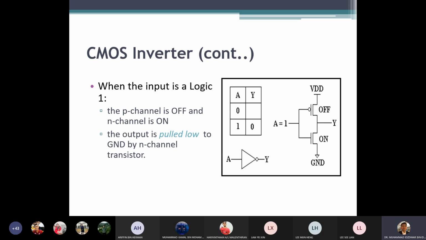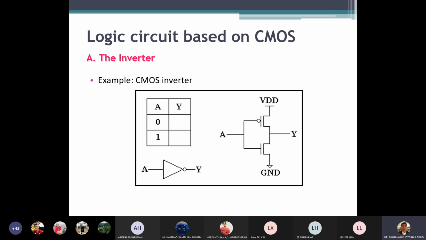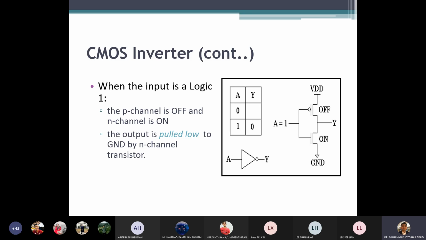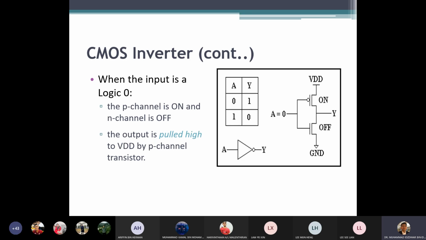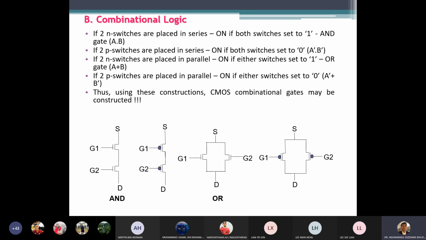So when you have an input logic of 1, start from 11, this one is the inverter. So on page 12, when you have input 1, your P channel will turn off. Your N channel will turn on. So that's why you get 0 as output, low. And then when you give 0, it is the other way around. Your P channel will turn on, but your N channel will turn off. That's why the output is pulled high. So the sentence above, pull down or pull high. If it is the P channel, it is pull high, meaning your output will become high. In this case high is 1.